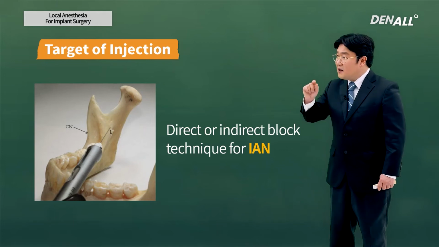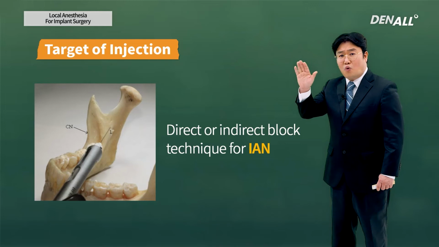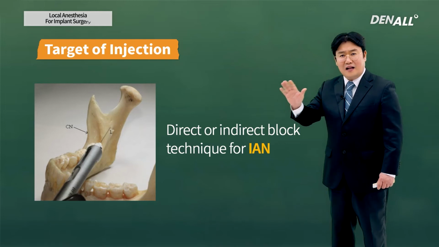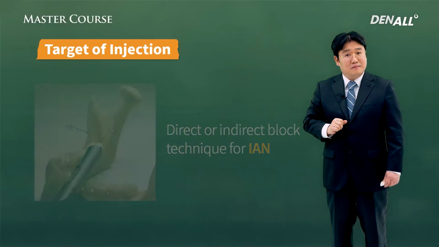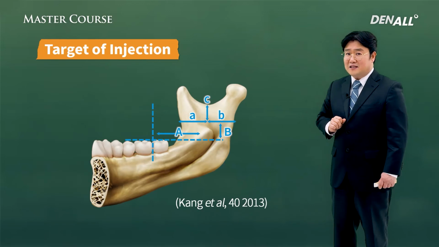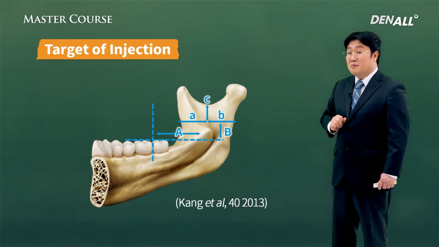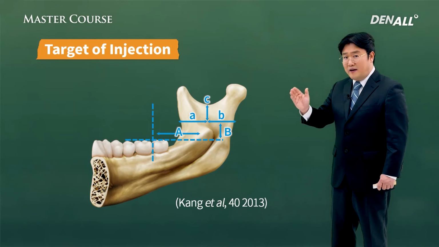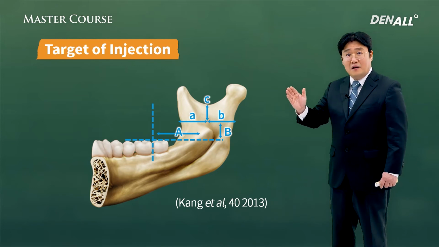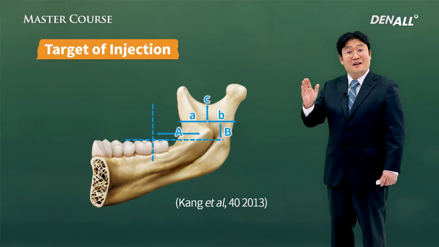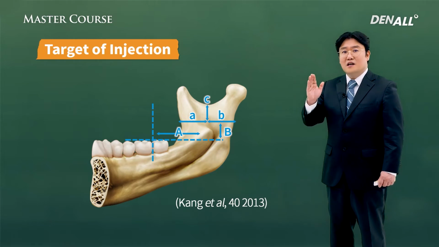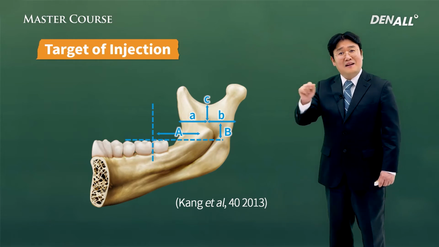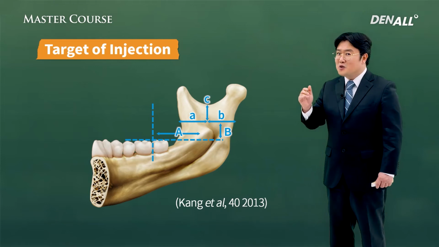Then, exactly where is that location? Do we have the data from Korean people? Yes, the data is collated in a research. As you can see here, the mandibular foramen or lingula, because the lingula is the landmark of the mandibular foramen, is where the inferior alveolar nerve goes in.